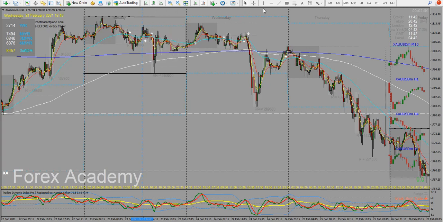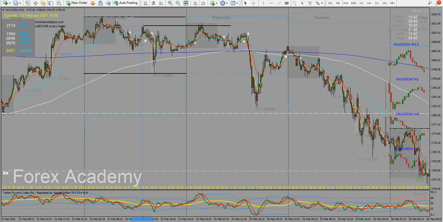Now I do also identify the high of New York Open, and then here we have that New York high, and this is how the market gave us that entry on Wednesday during the Asian session.